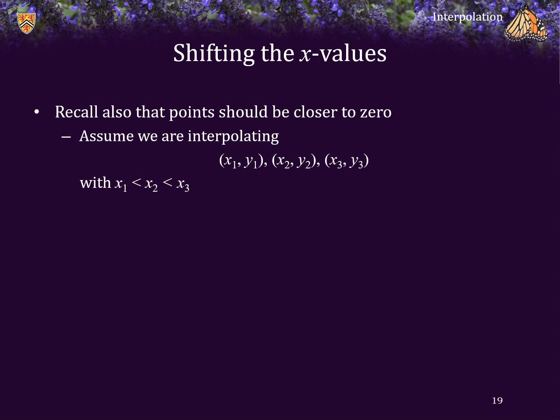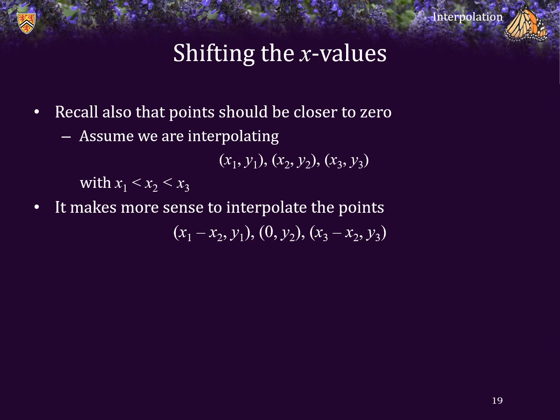Now, we could find the interpolating polynomial that passes through these 3 points, but let's move these 3 points closer to the origin. Let us subtract x2 from each of the x values. So the first x value is now x1 minus x2, the second x value is 0, and the third x value is x3 minus x2. Doesn't seem to make much difference.